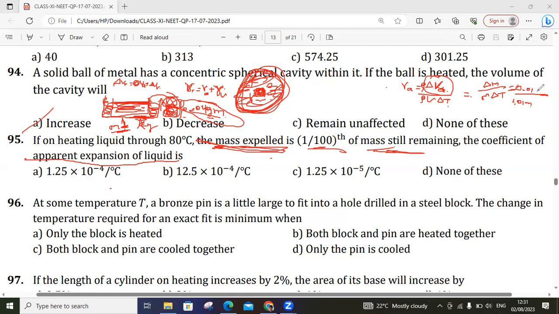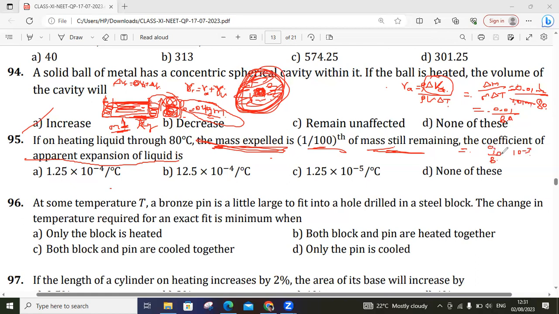This will be 0.01 M and delta T is 80. So this is approximately 1, M cancels. This is approximately 0.01 by 80. Right? If you see what we get, 10 power minus 2, 10 power minus 3, 1 by 8.